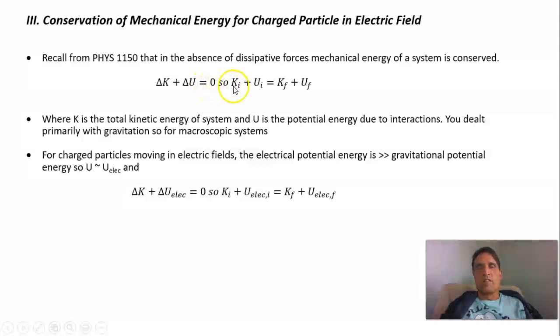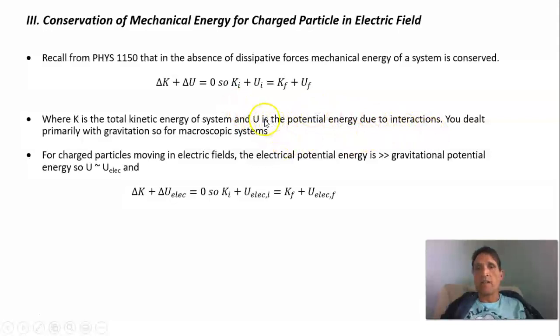Or in other words, the sum of the initial kinetic plus initial potential is the same as the sum of the final energy. So energy is conserved when there are no dissipative forces, right? Where K, recall, is the total kinetic energy of the system, the sum of all the kinetic energies of the objects in the system, and U is the potential energy due to interactions.